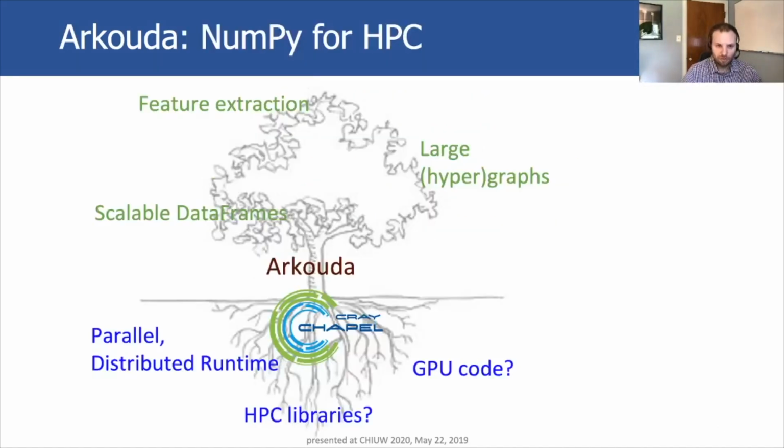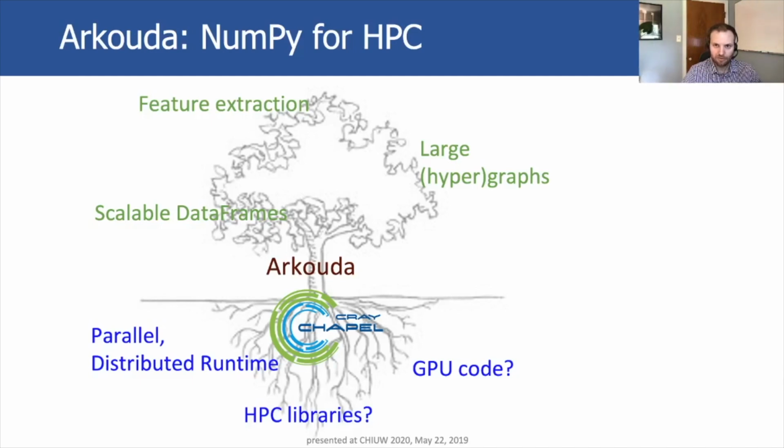So if you recall from the earlier slide where I showed NumPy serving as the gateway between backend performant libraries and higher level Python APIs, Arkouda is trying to achieve something similar, except instead of NumPy being for single node, Arkouda is trying to implement this bridge in the world of HPC and using Chapel as a crucial part of that gateway.